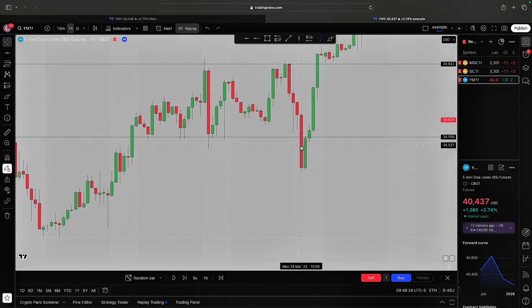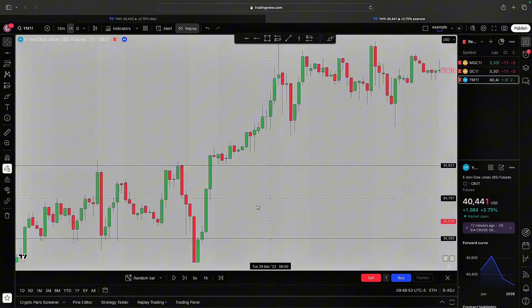We broke structure here. Same red candle. We have a retest here, but what we did not get was the confirmation candle, a bearish candle for this candle right here. We got a bullish candle.